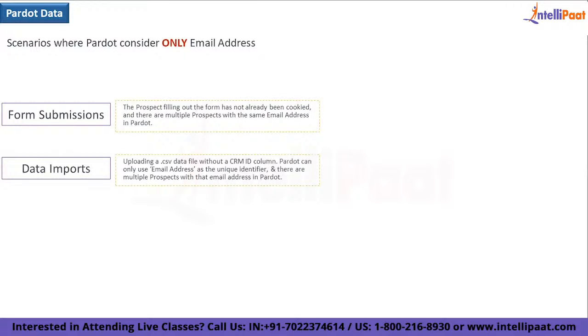Similarly, when you do a data import, you are uploading 3 records or 3 prospects with 3 different CRM IDs and the same email address. We'll let you know what happens in these instances.